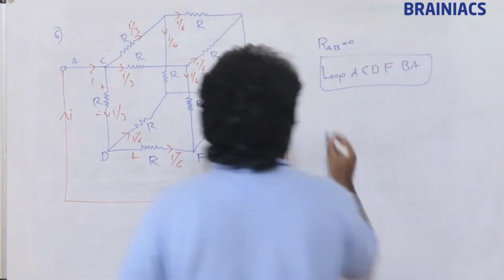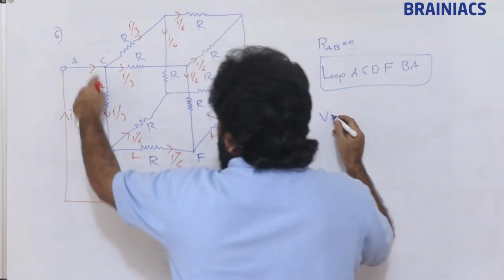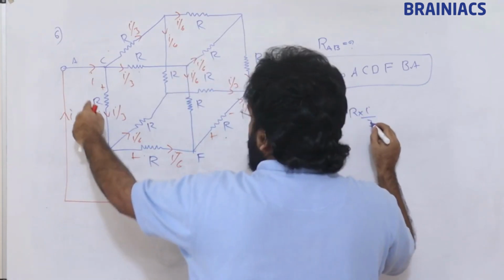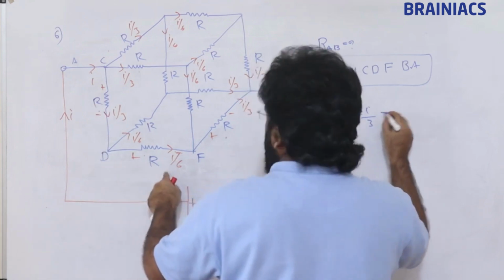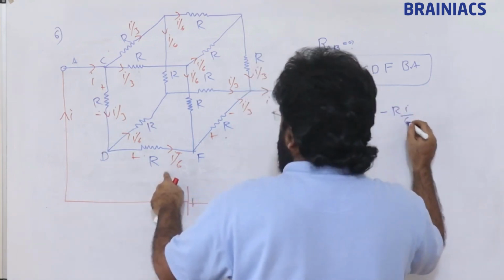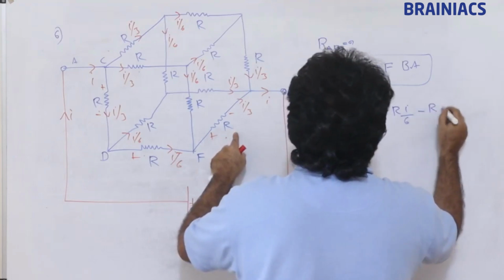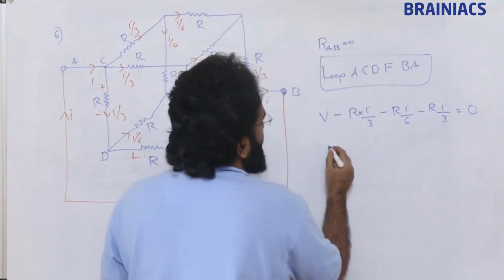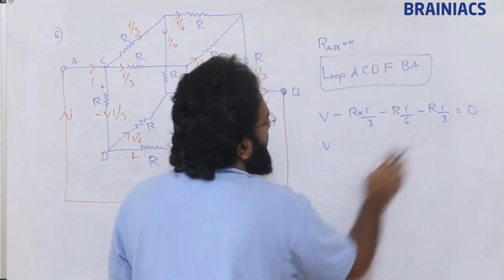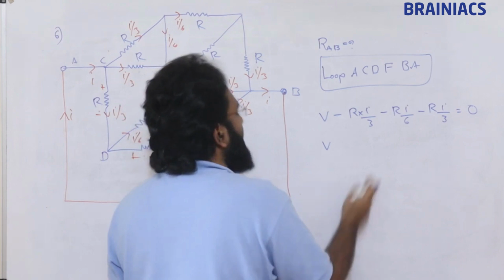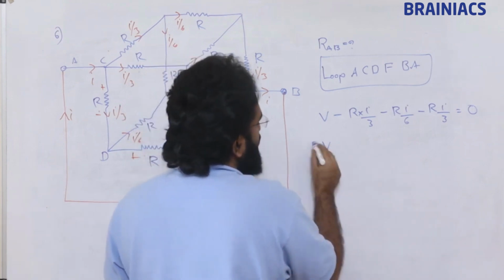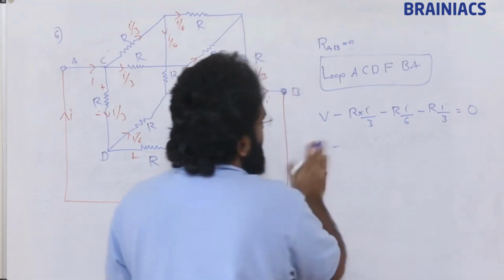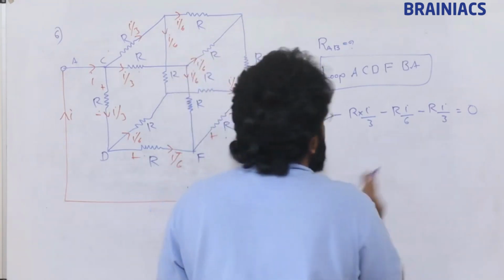So now apply KVL. V minus R into I by 3. When it comes here, minus R into I by 6. Here minus R into I by 3 is equal to 0. So we will take the LCM. The LCM will be 6.